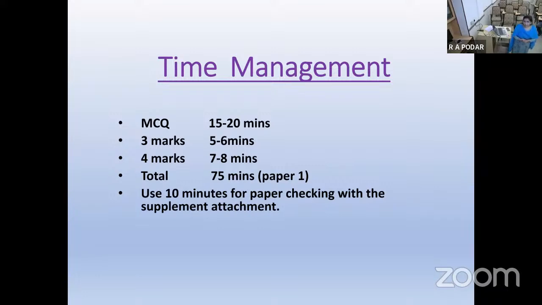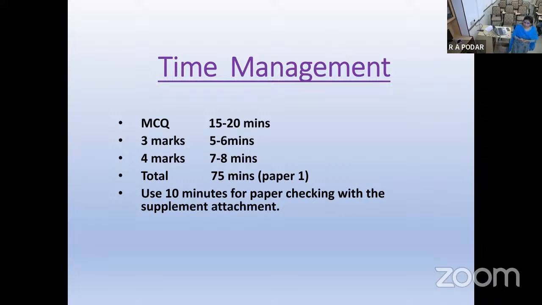Now time management for maths 1. Maths 1 as compared to maths 2 takes less time for writing. So I have given here MCQ, you attempt this maximally in 20 minutes. First question you will complete in maximally 20 minutes. For each 3 marks question, you will use 5 to 6 minutes only, not more.